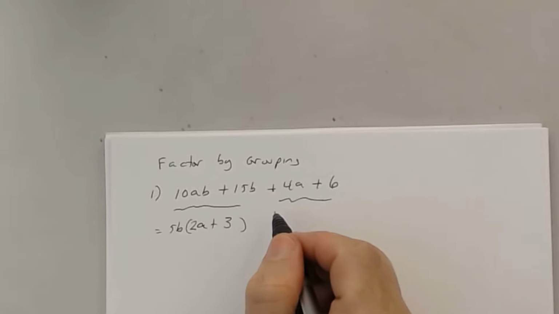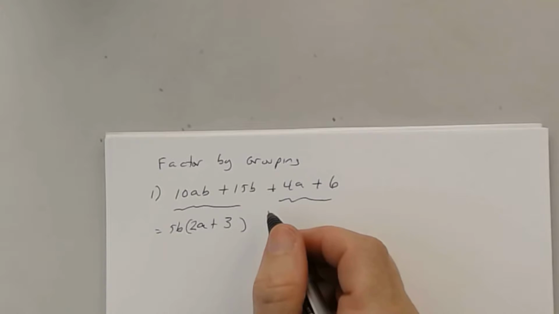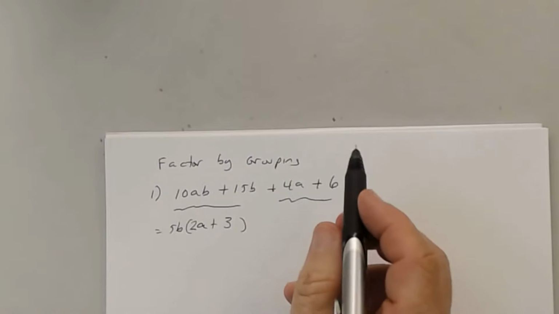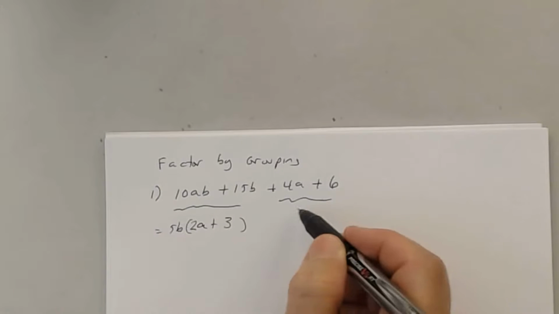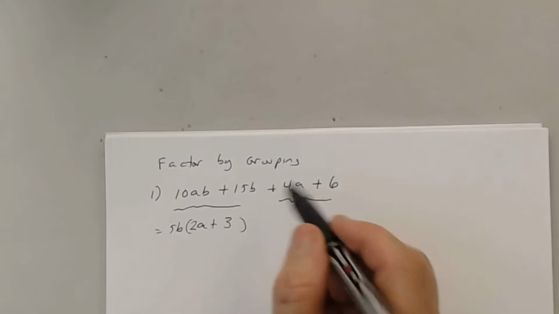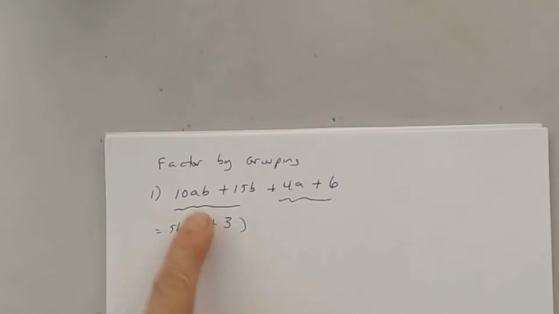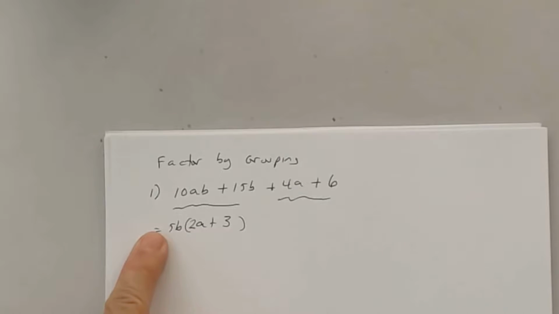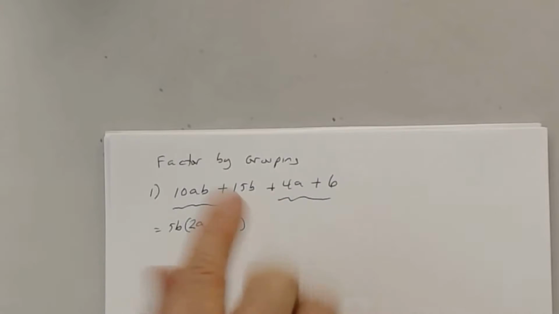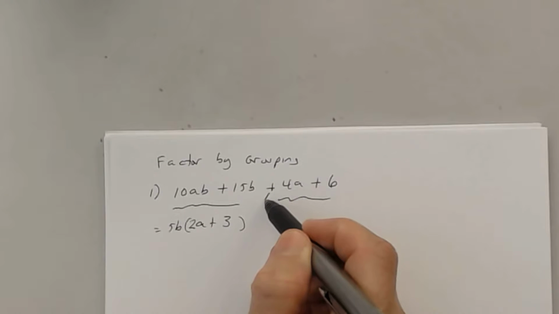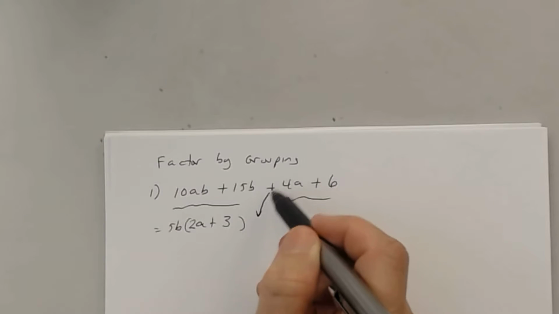So when you do the next group, now listen carefully, that's going to be important in the third problem we're going to look at. When you factor by grouping, the next group, you remember how we looked for the GCF and we factored out the GCF? Here, when you find the GCF and you factor it out, always use the sign that's the middle symbol right here.